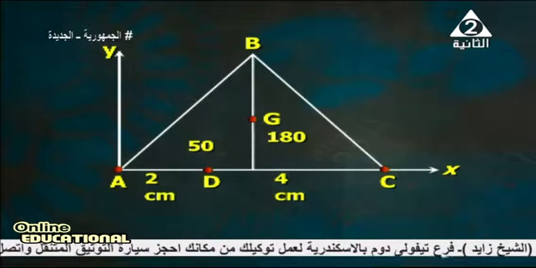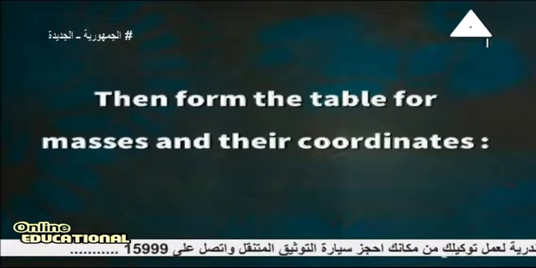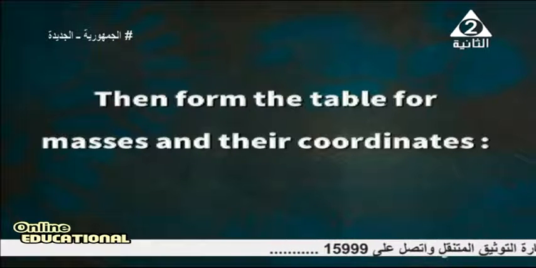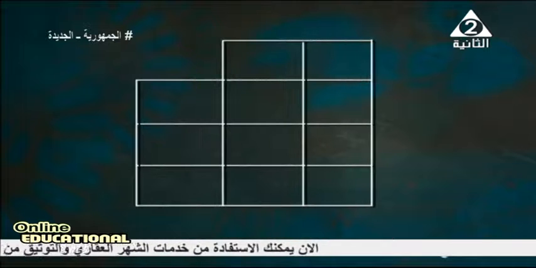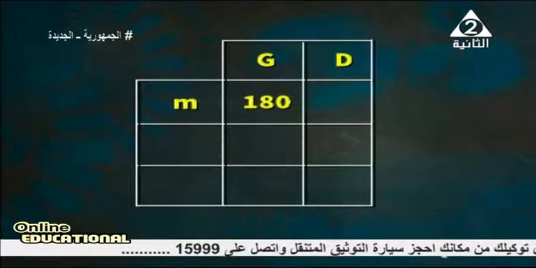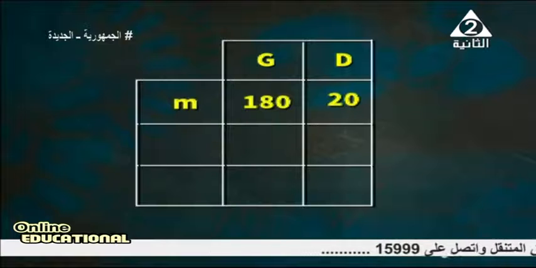My dear student, by forming the table of masses and their coordinates, we have 2 points only, or 2 masses represented at 2 points, at G and at D. G represents the centroid. What do you mean by centroid? The intersection point of its medians. Then the mass at G 180, mass at D equals 20 from the given.